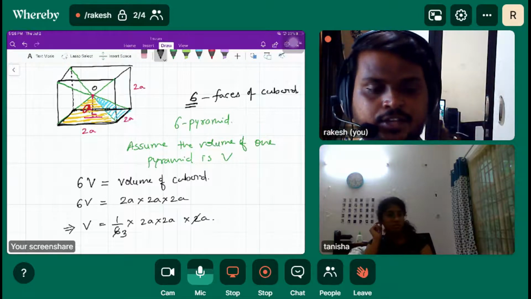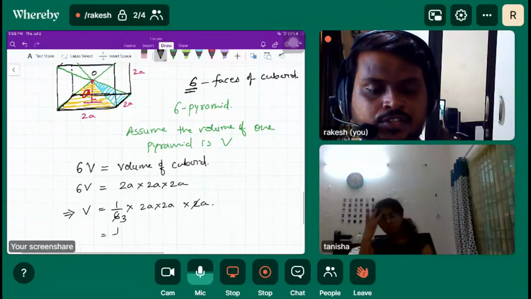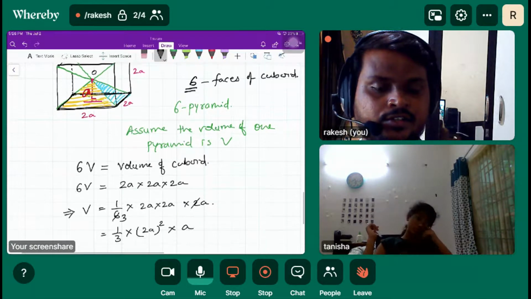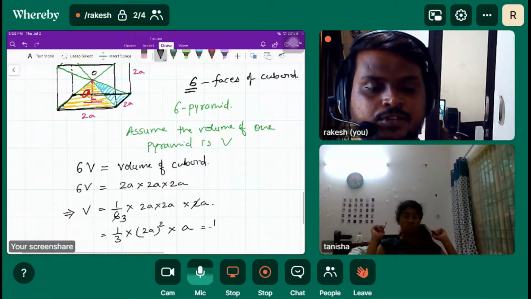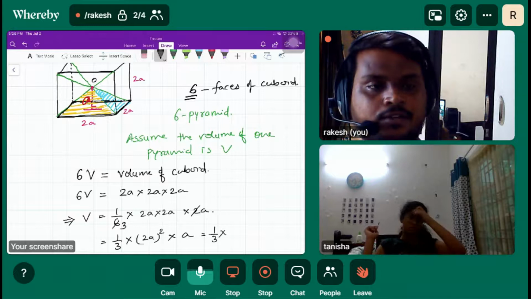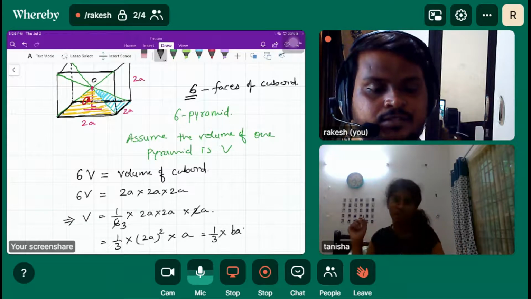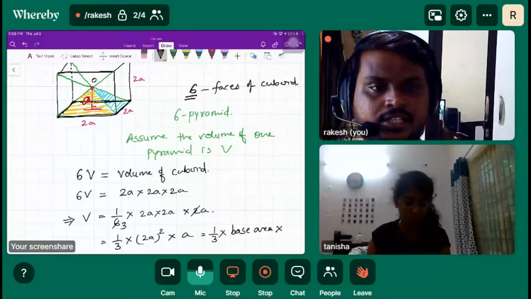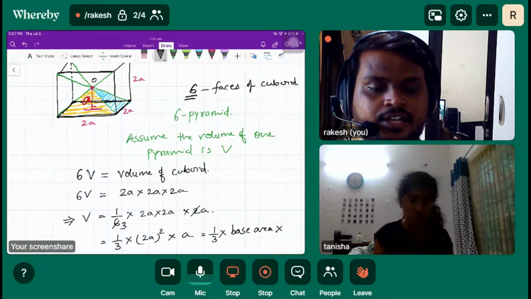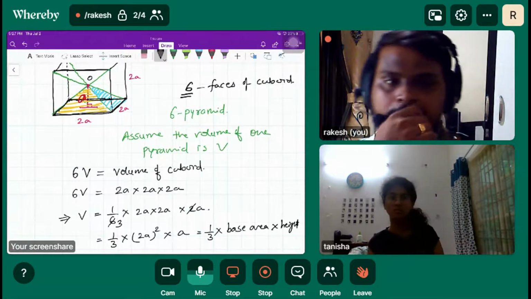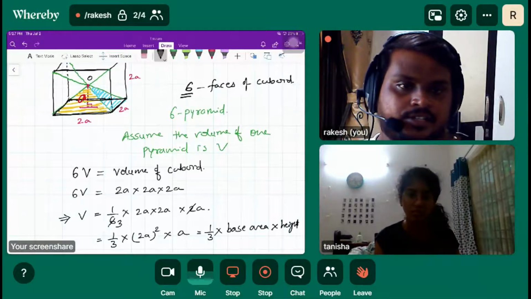What I get here is 1 over 3 into (2a) the whole squared into a. 2a the whole squared is the area of the base, and a is the height of that pyramid. Therefore the formula is 1 over 3 into base area into height. Is that clear?